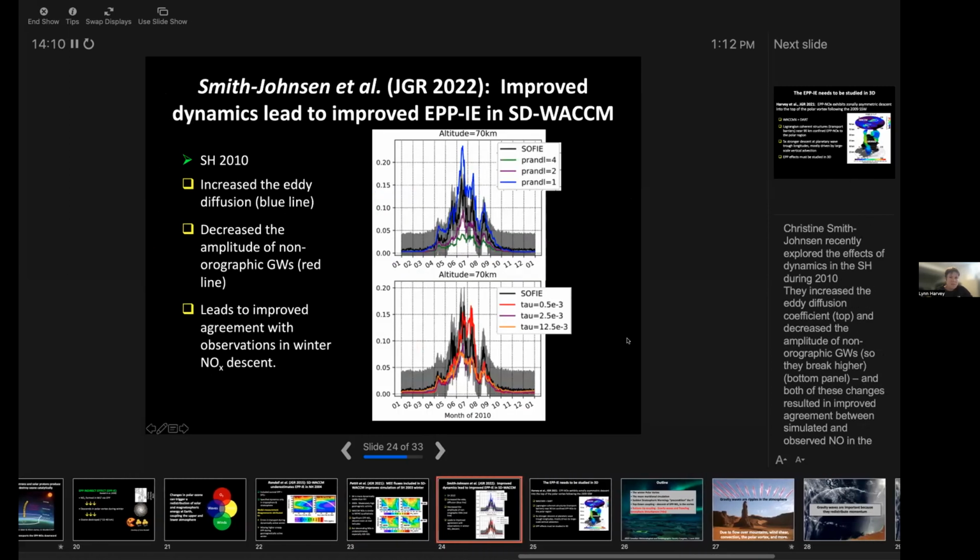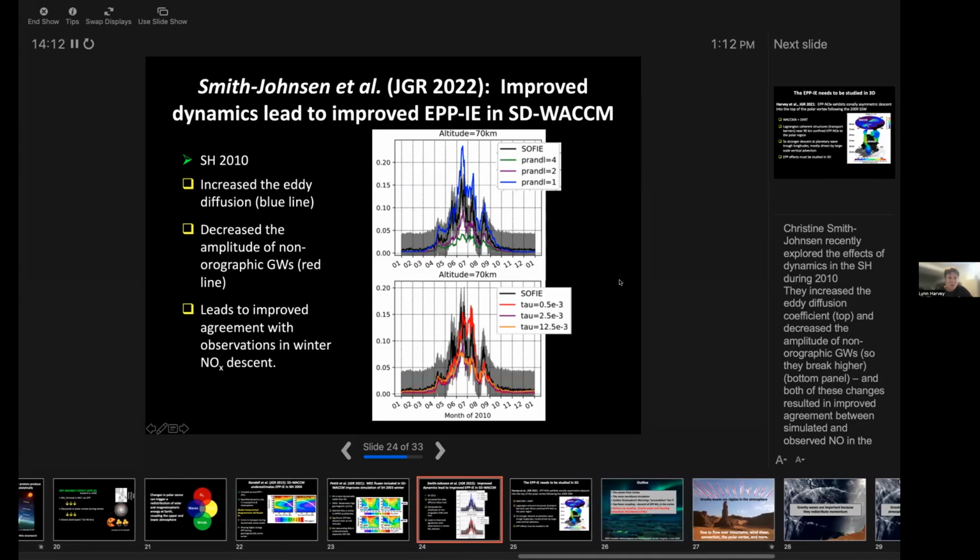Christine Smith Johnson published this paper just a few months ago that looked at modifying the dynamics and seeing whether or not agreement between the observations and the model improved. They focused on the Southern Hemisphere as well, where the dynamics are less variable, and looked at 2010 as a case study.